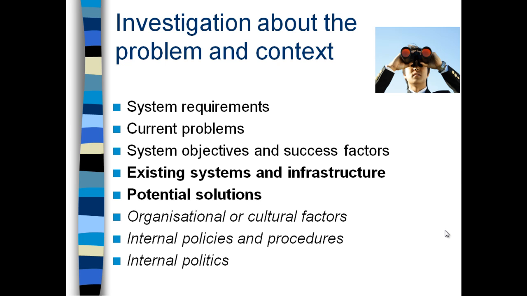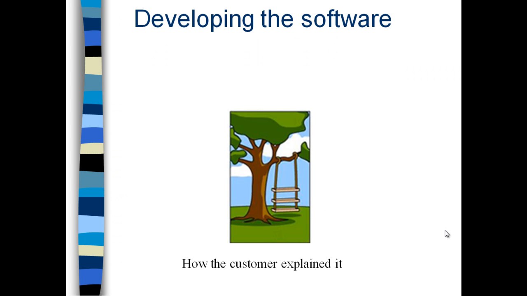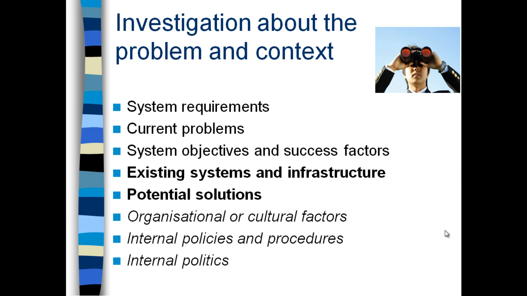Then you have to start with the investigation. The analysis phase comes. So what we call here the system requirements and the current problem. System objectives and the success factors. If the objectives are not properly defined, there may not be good success factors.